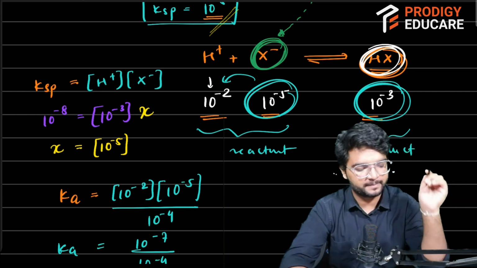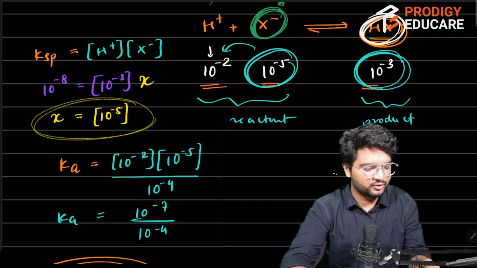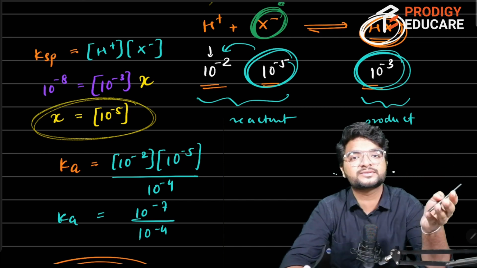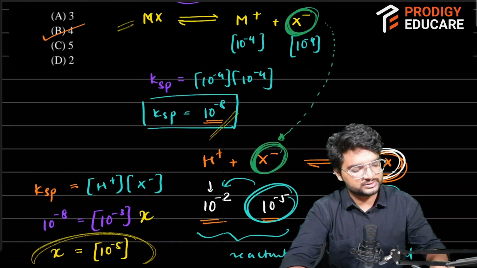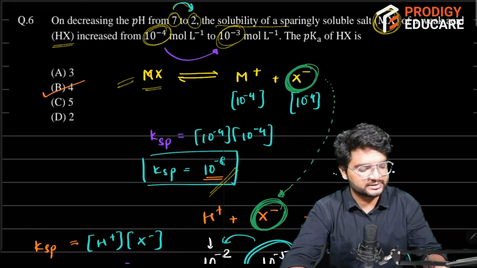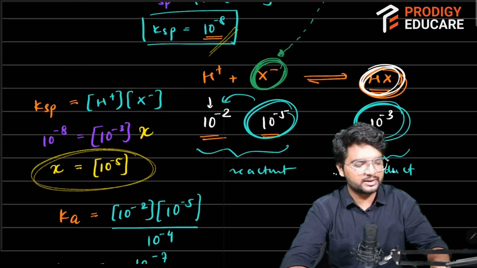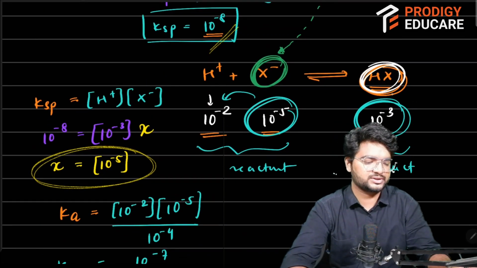From that we got the value of X as 10 raised to minus 5. Why is this very small? Because it has been dissociated from MX, and some amount is left which then leads to the formation of HX with H plus.